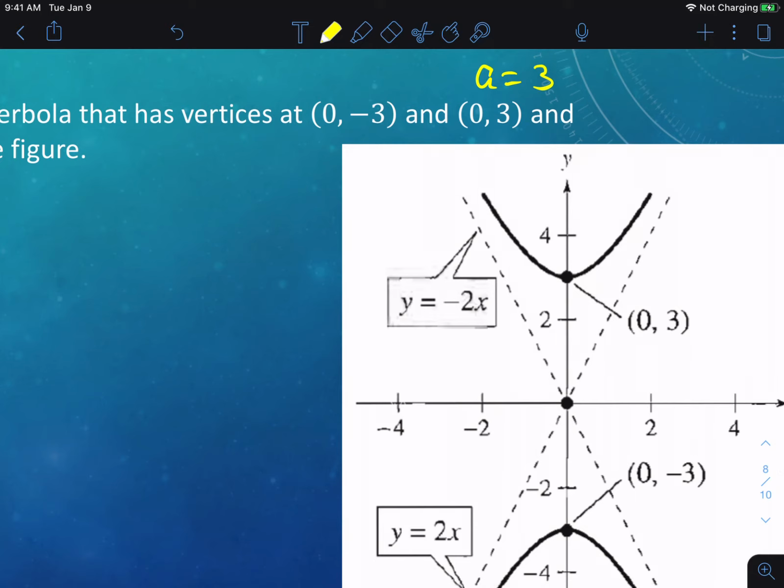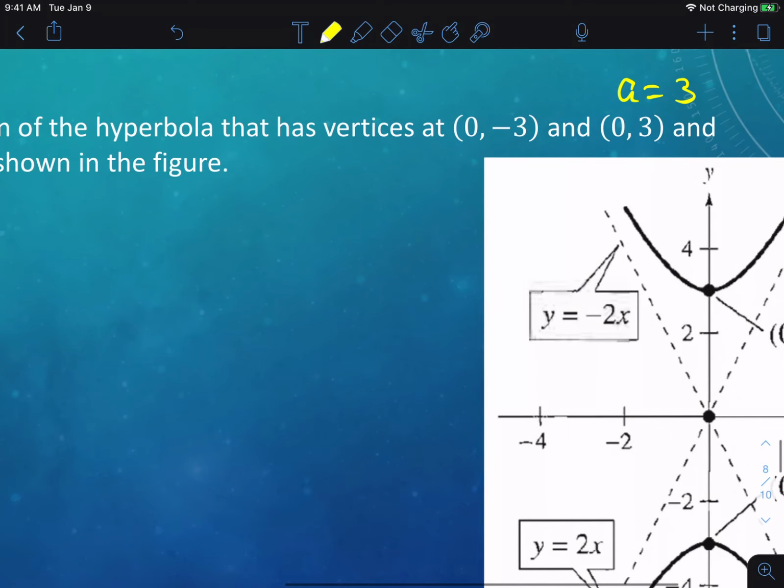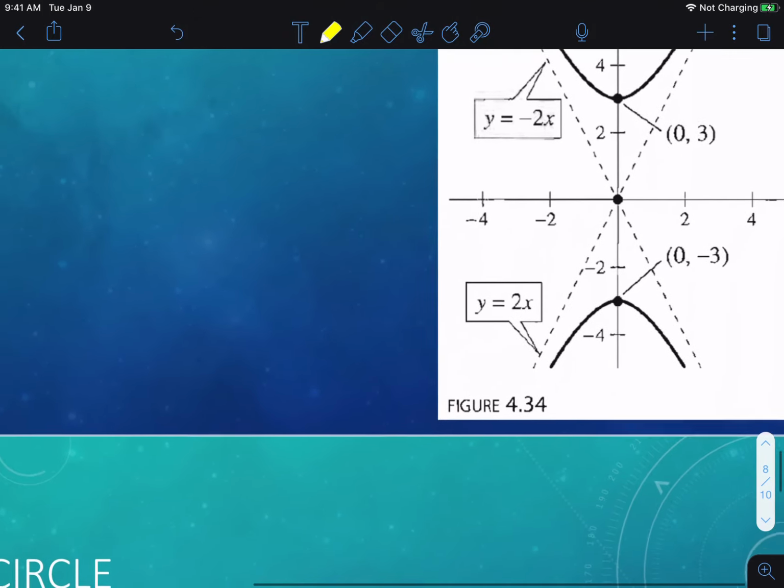And so doesn't that mean then that as we're drawing the box for the asymptote, the upward part is going to be 3, so that means that b is going to be 1.5. So I think I can just go ahead and say that b is going to equal 3 over 2. And that should take care of that.